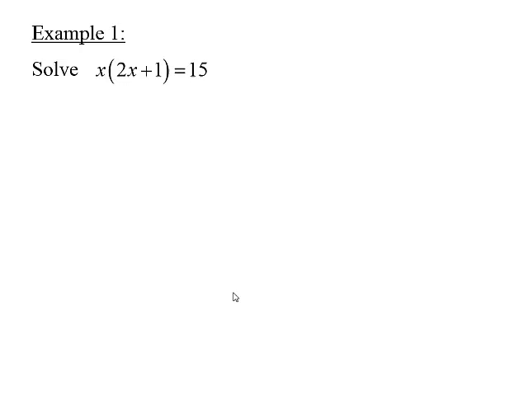To be in that form, we first have to have an equation that's in standard form, ax squared plus bx plus c equals 0, and then we have to factor that quadratic. So we have to have our equation in something times something equals 0, and then we can set each factor equal to 0.